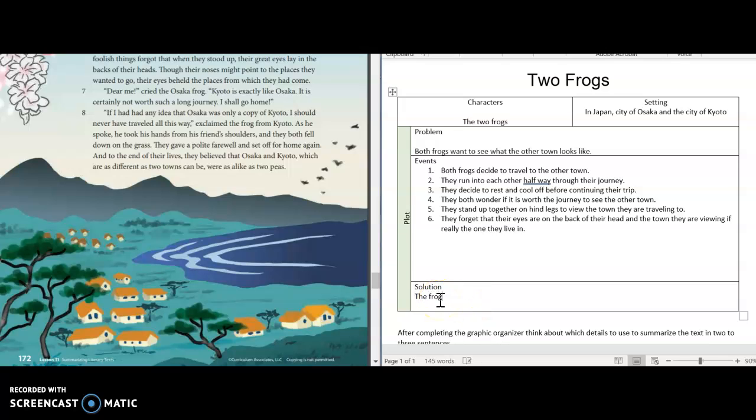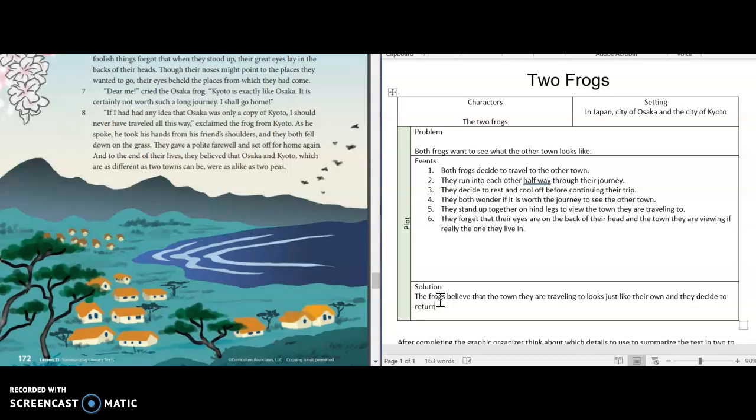So, the frogs believe that the town they are traveling to looks just like their own, and they decide to return home instead.